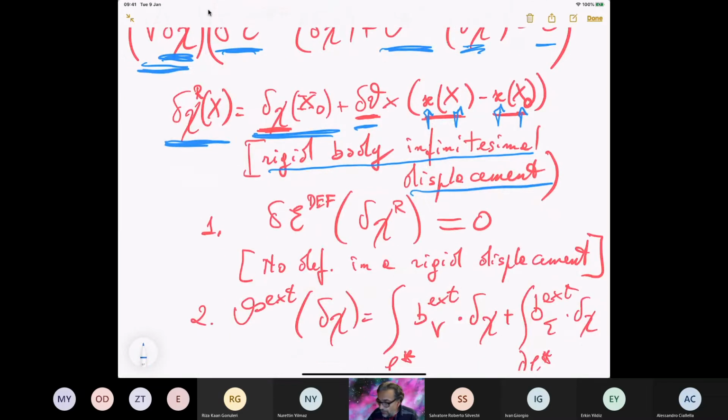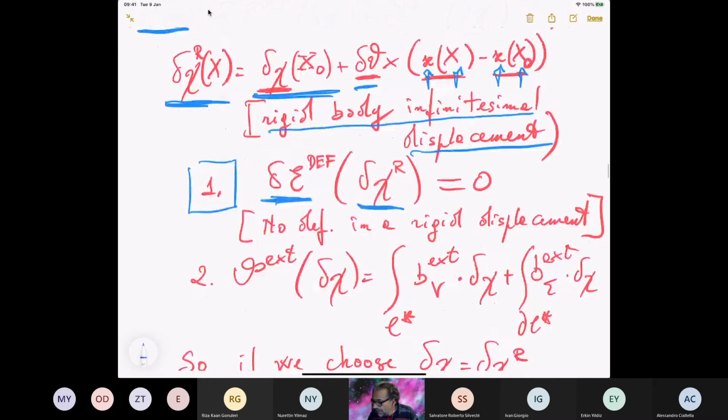So, first observation. The delta deformation energy calculated on delta chi R is equal to 0. If you remember, I did all the calculations. This is very easy to accept because there is no deformation in a rigid displacement. So we must choose the deformation energy such that this is true.